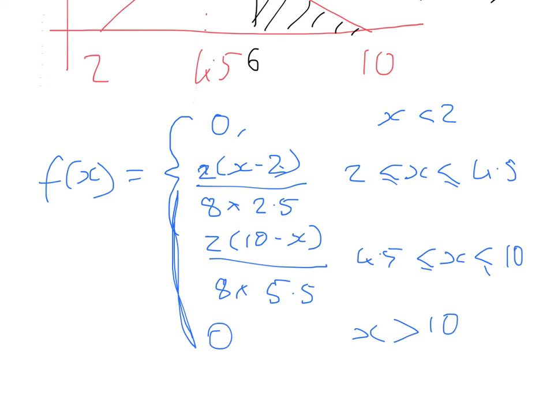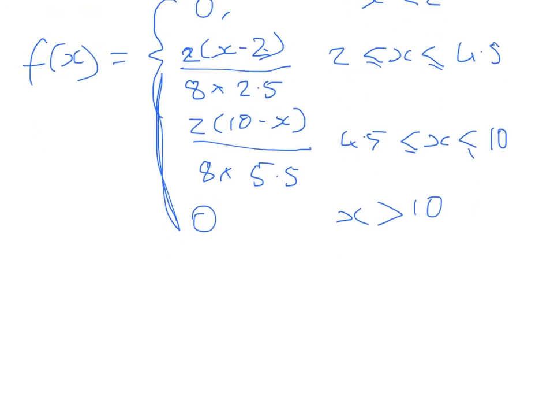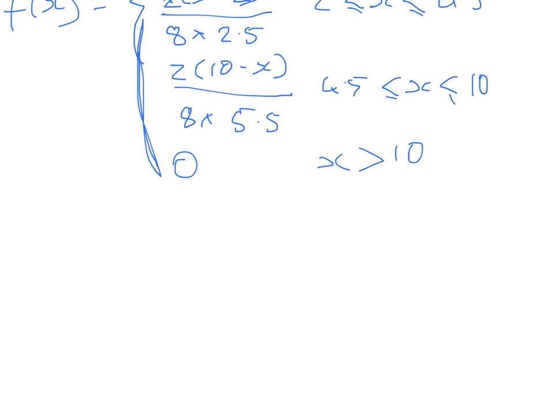Now we need to think about, well, where is our dot? It's between 4.5 and 10, so it's in this range here. So our density function is going to be f of 6 equals 2 lots of 10 minus 6, which is 4, over 8 times 5.5, which should be 44.